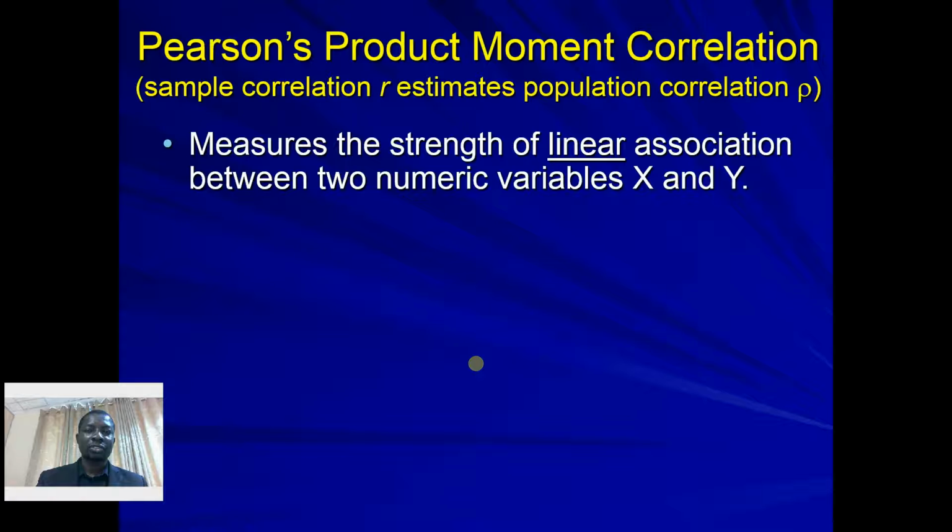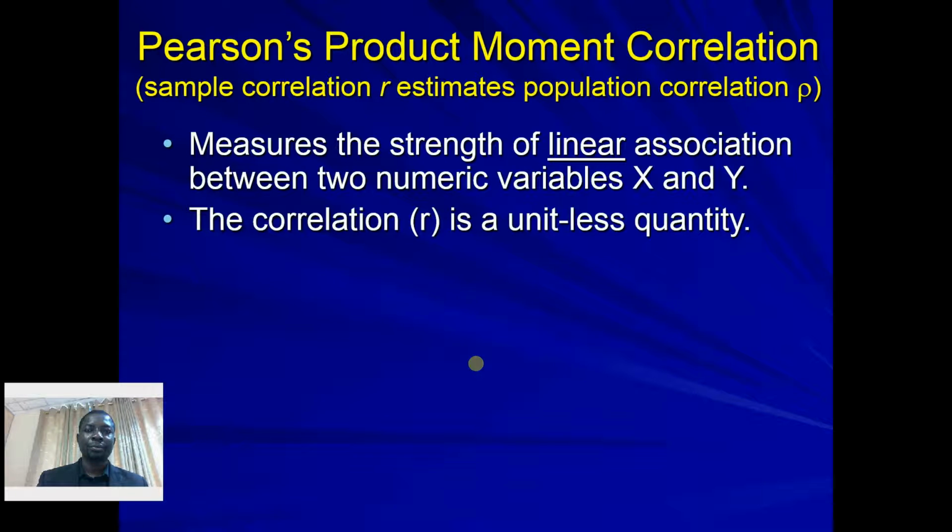It also indicates the direction of the association, and that is indicated by the sign of the correlation coefficient. The correlation coefficient is a unitless quantity. It has no unit, and it ranges from -1 to +1.